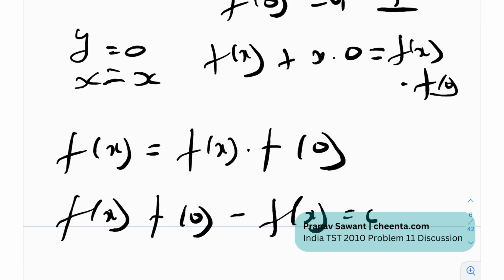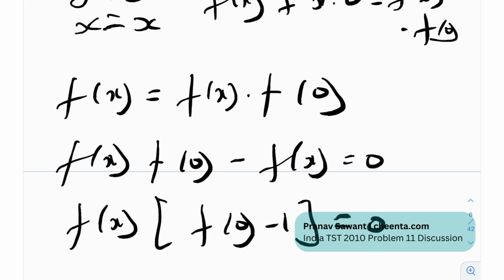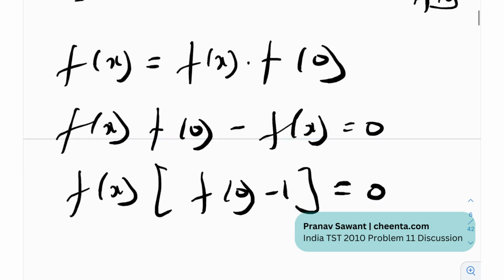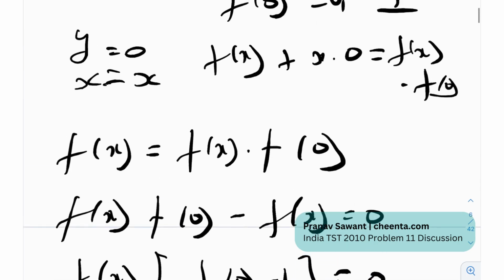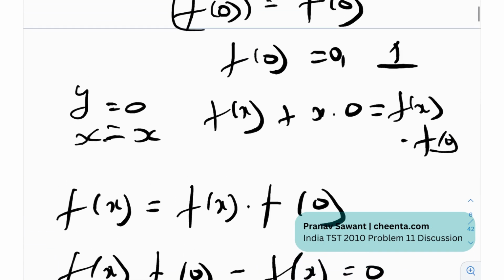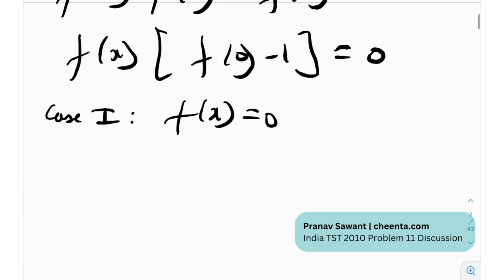And this is obviously a factorizable form. So if I can take f of x common, I would get f of x times (f of 0 minus 1) is equal to 0. There are obviously two cases. Case 1, that f of x equals 0, and case 2 would be f of 0 is equal to 1. So f of 0 can either be 1 or f of x has to be 0, right?